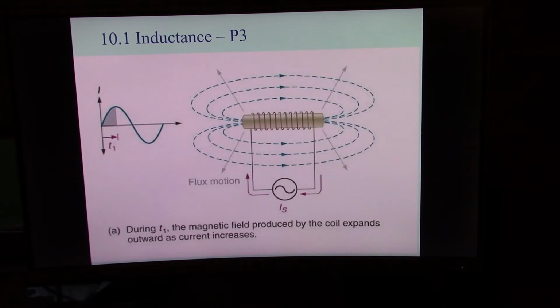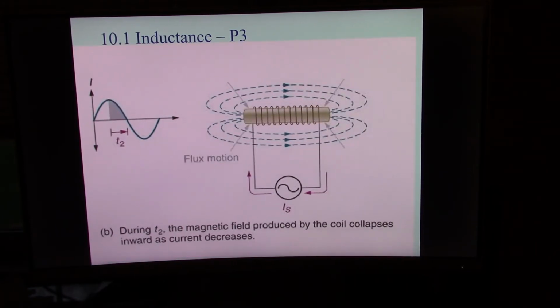So in this case, we have a current that is increasing. You see the current is increasing right here. So it starts off at 0 and then it goes up like that. So when that happens, at this T1 here, you have a magnetic field which is developing like that. As the current increases, that magnetic field starts getting greater, like this.